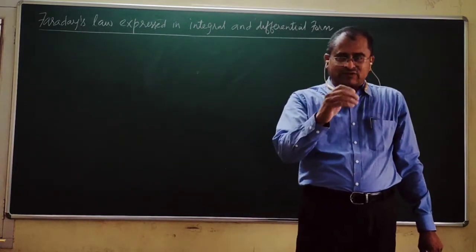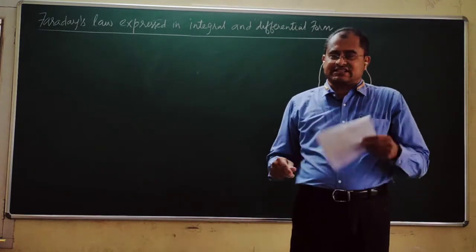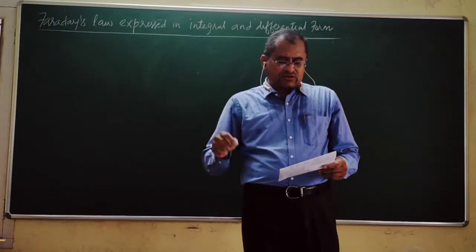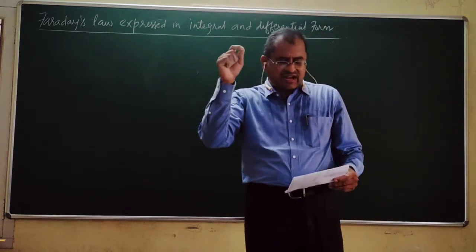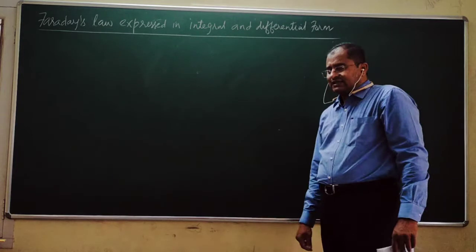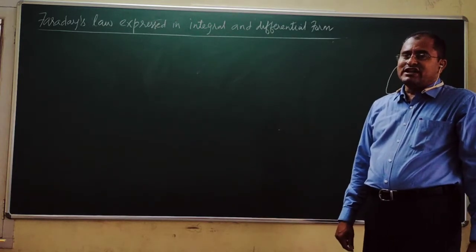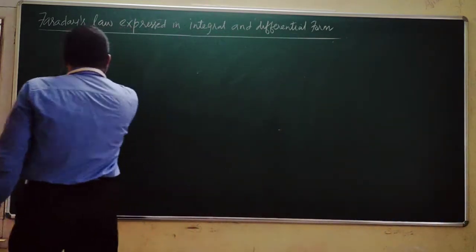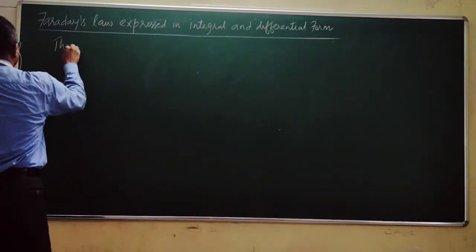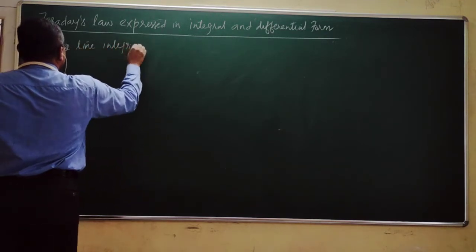I am repeating it once again. What I am trying to tell you is the magnetic flux linked with the circuit, when it is changing, induces an electric field around it. The line integral of electric field will give you induced EMF.